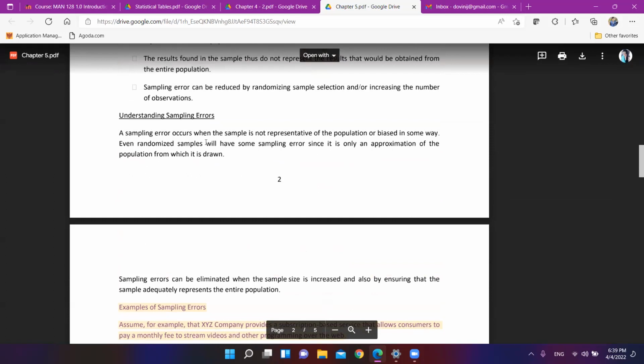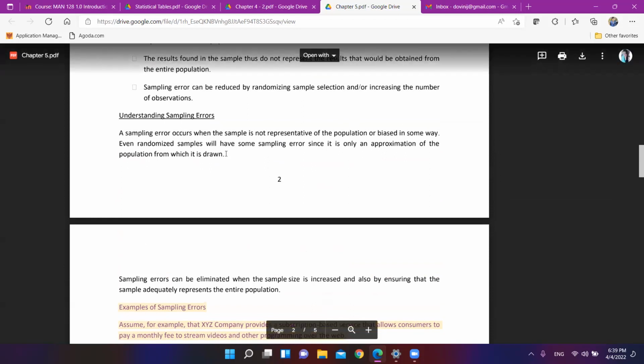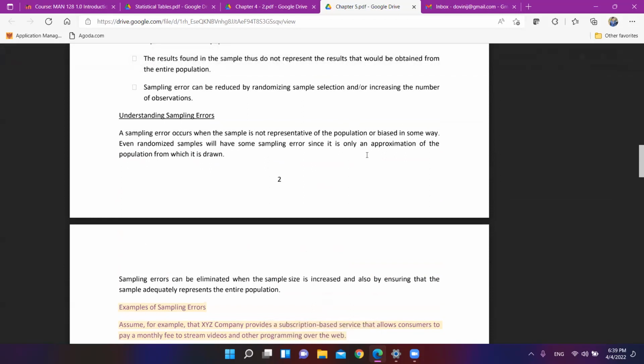Sampling error occurs when the sample is not representative of the population or biased in some way. Even randomized samples will have some sampling error since it is only an approximation of the population from which it is drawn. අපි samples randomize කරත් ඒ අපි අපේ දැනුමෙන් කරන්නේ, අපි දන්නේ නැහැ ඇත්තටම ඒක එහෙමයිද කියලා.